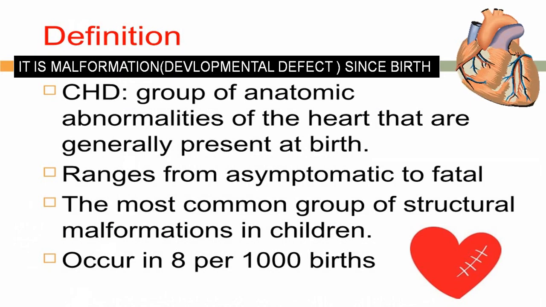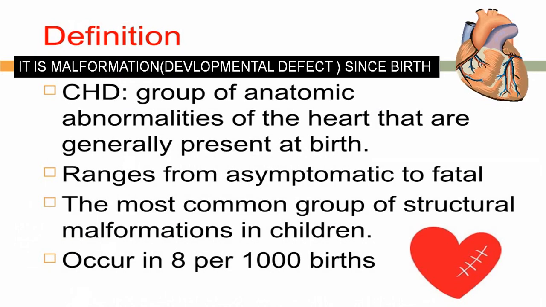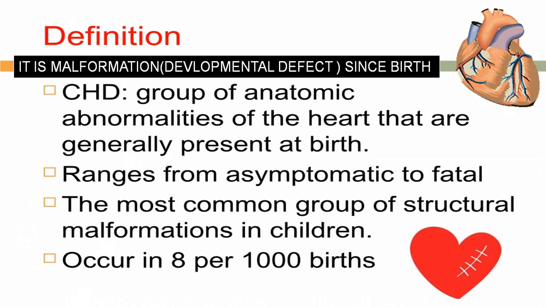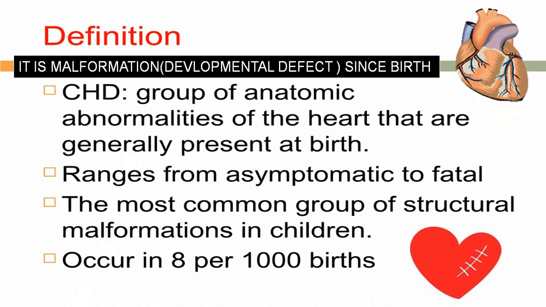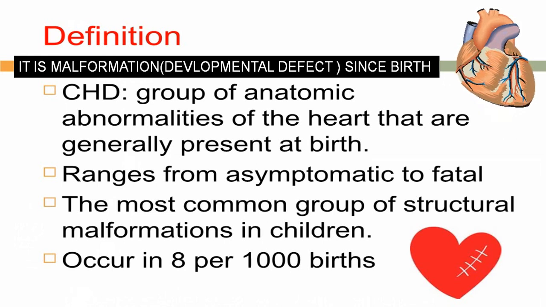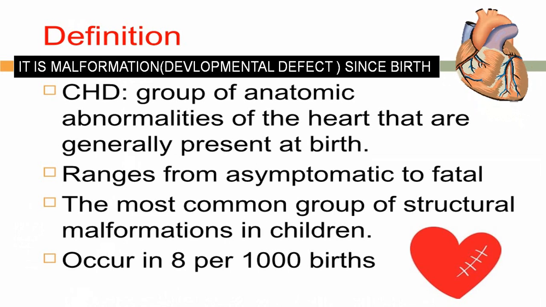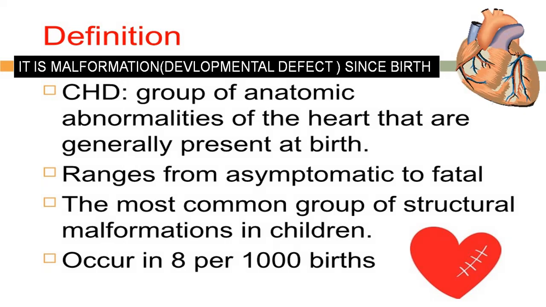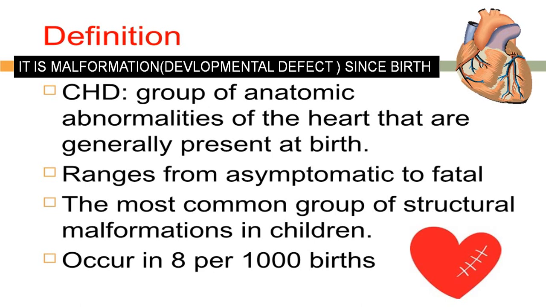So basically congenital heart disease means a malformation, or developmental defect, present since birth. It is also described as anatomical abnormalities of the heart that are generally present at birth, and which range from asymptomatic to fatal conditions.